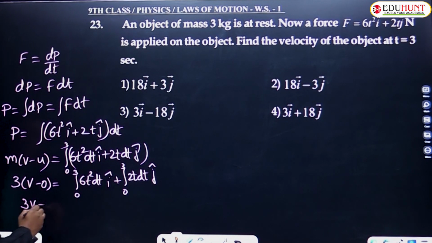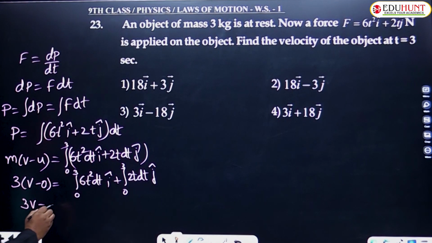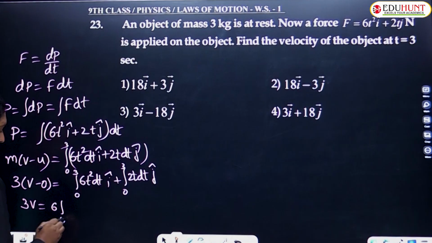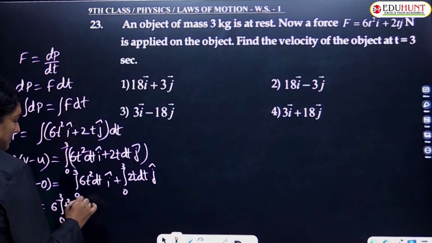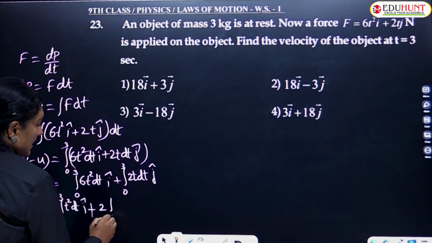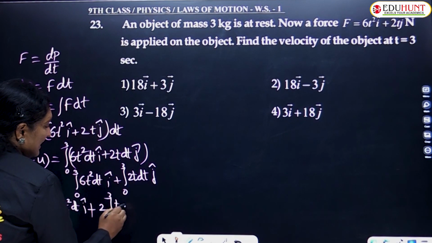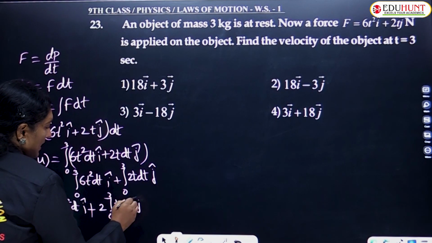This is 3v equals, 6 is a numerical part, bringing it out, we have 6 times integral 0 to 3 of t square dt i cap plus, bringing the 2 outside, integral 0 to 3. What is left over? t dt j cap.